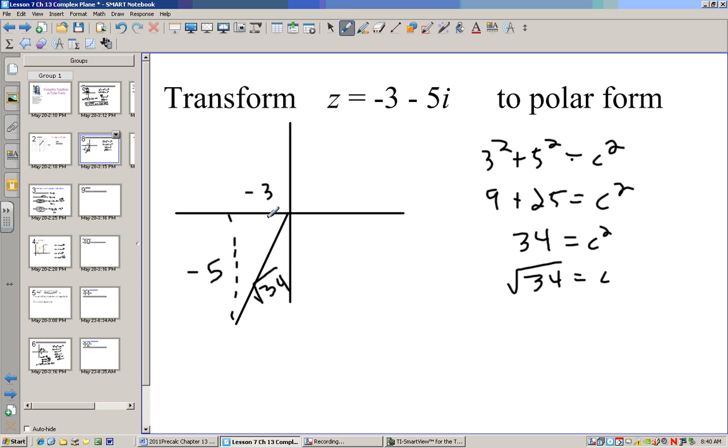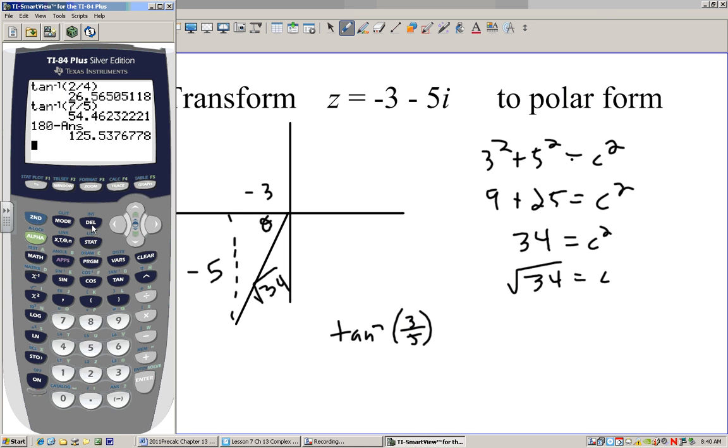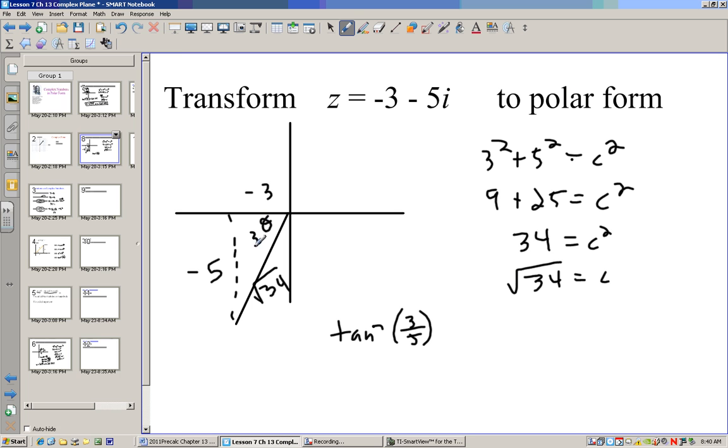And now we need to find this angle. I would take the inverse tangent of 3 over 5. So this is about 31 degrees, approximately. So it's 31 degrees past 180.